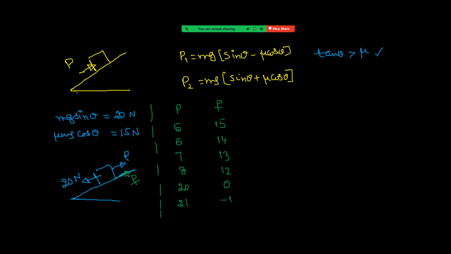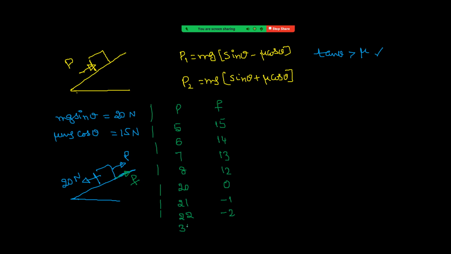We have taken up the plane as positive, so minus 1 means friction is now downwards. Applied force 21 plus friction 1 in the other direction balances. If I apply 22, friction becomes minus 2. The value increases but the direction is opposite.